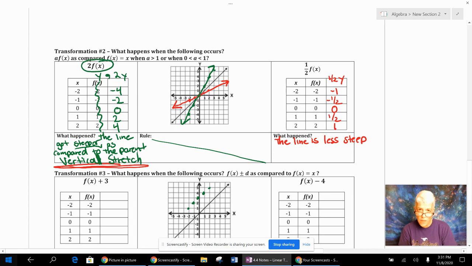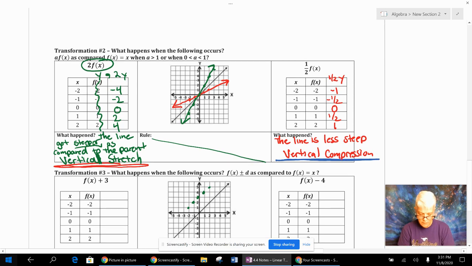And we call that vertical compression. I'm going to go ahead and change the color. I know we're coming up to Christmas, but with all this red and green, I can't help but think about Christmas. Let's move on.